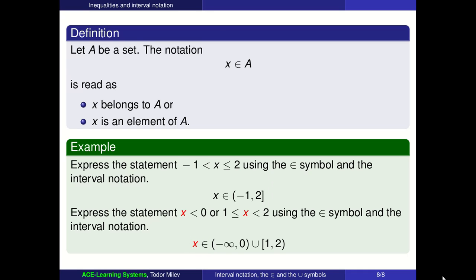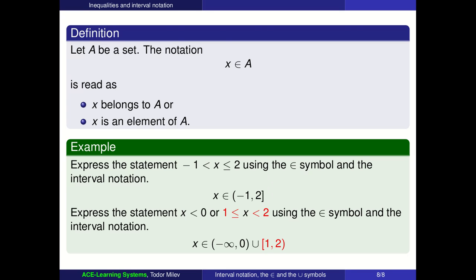And next, we have to express the fact that x either satisfies this inequality, so x is less than 0, which would mean that x belongs to the interval between -∞ and 0, or x is between 1 and 2, including 1 and excluding 2, which means that x belongs to the interval closed on the left, open on the right, so closed 1, comma, open 2.